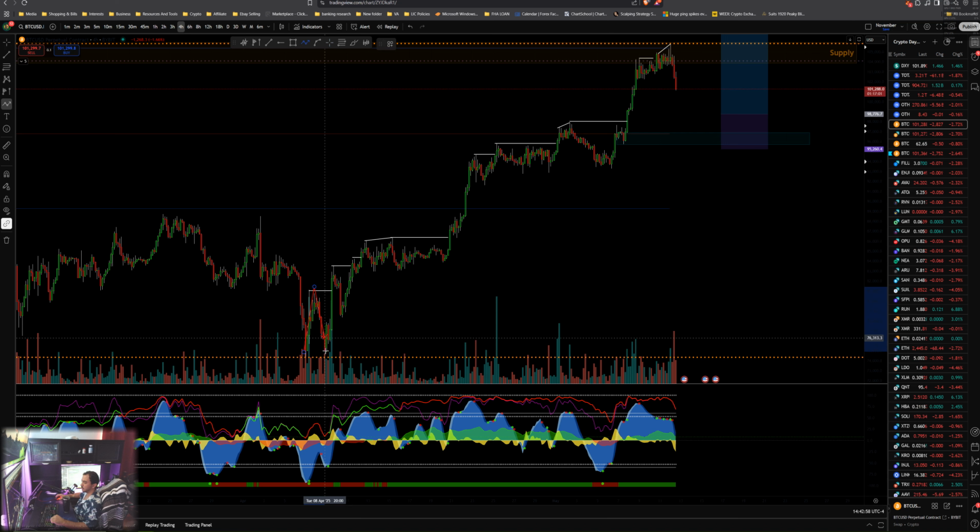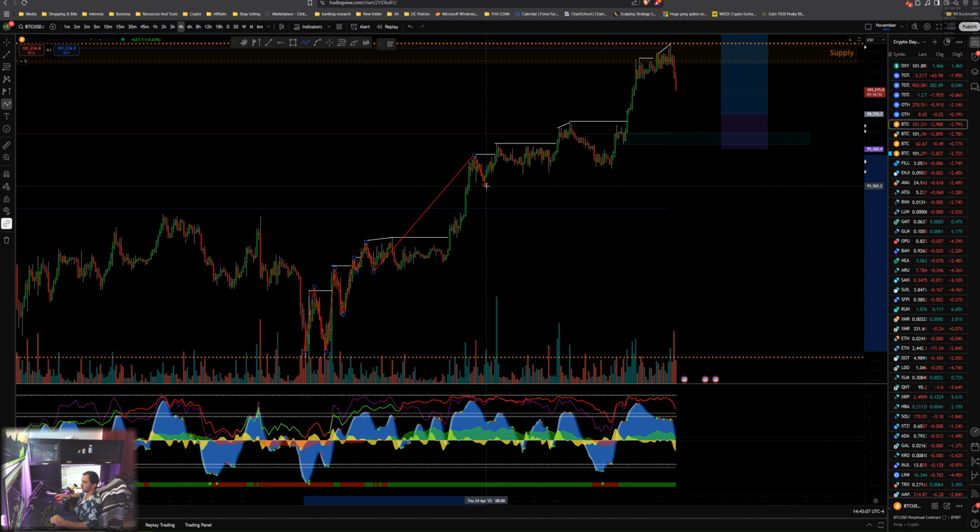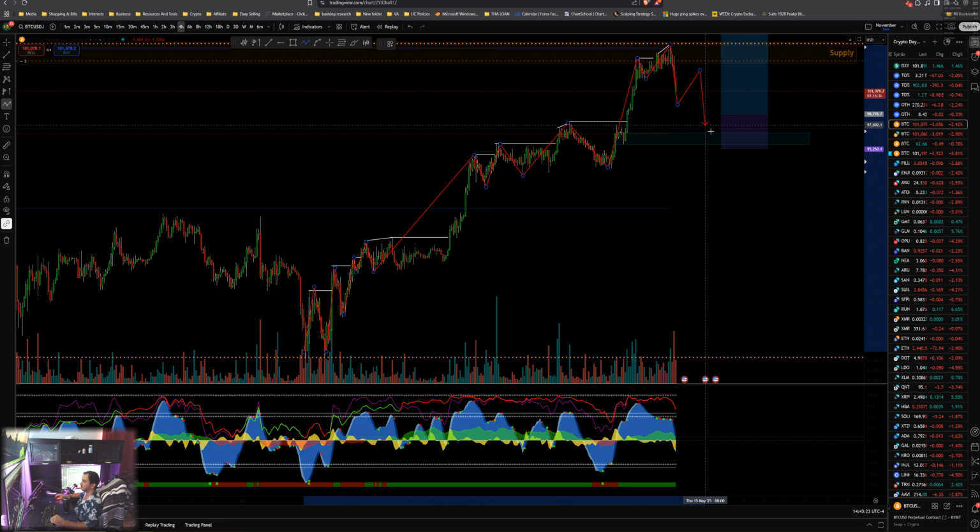Real quick, I'll just show you what it looked like with the path tool. Go to the lowest point, always. Let me put that like so.